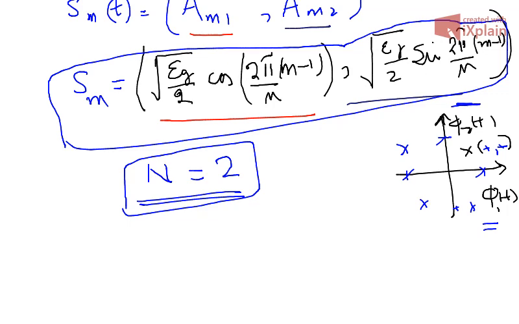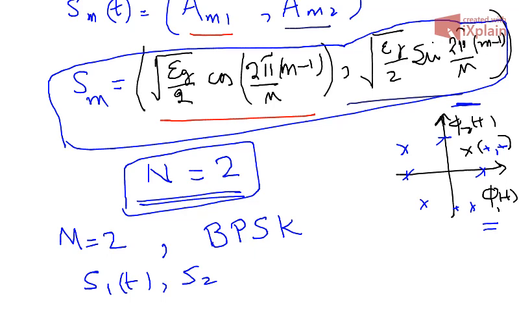When M is equal to 2, we call it binary phase shift keying, and we have only 2 signal points, S1 of t and S2 of t, right?